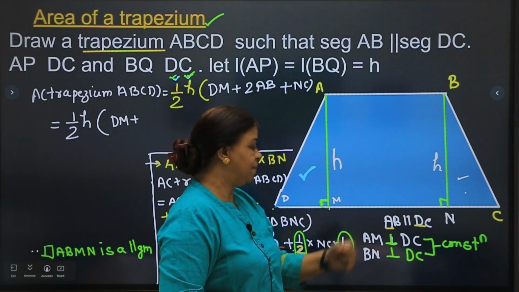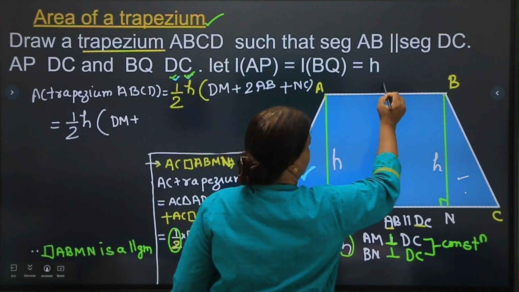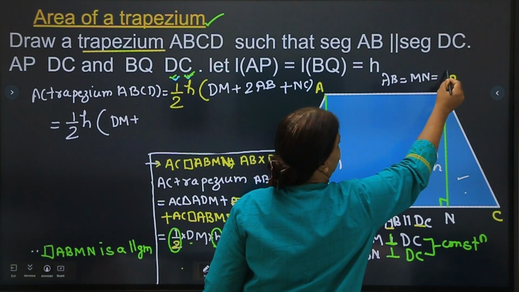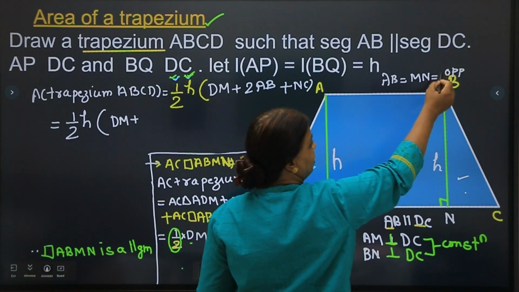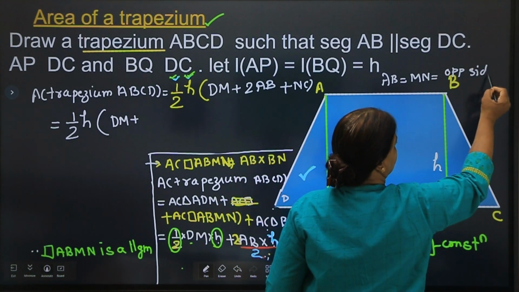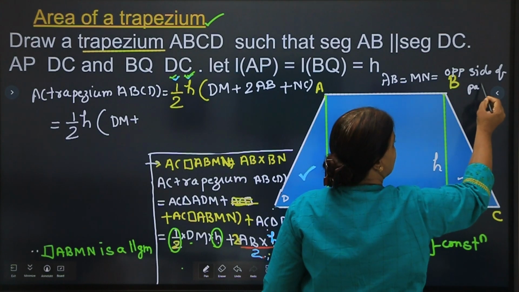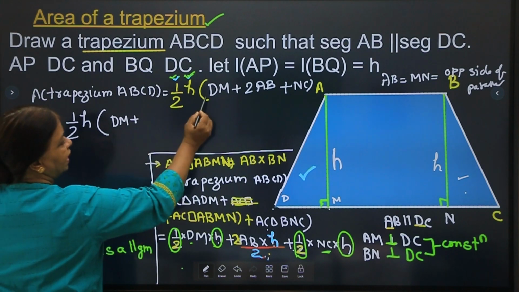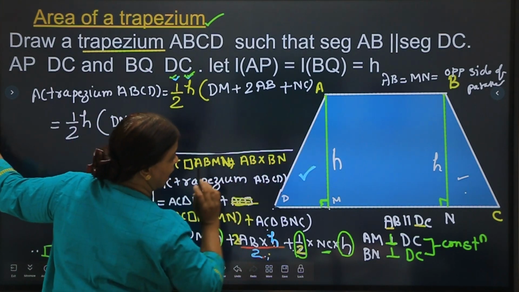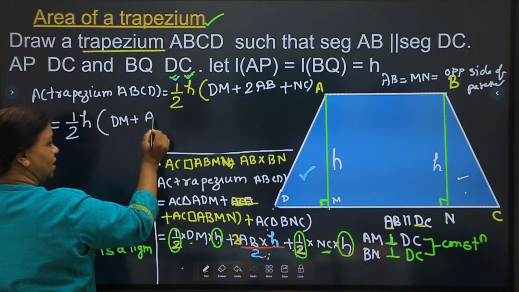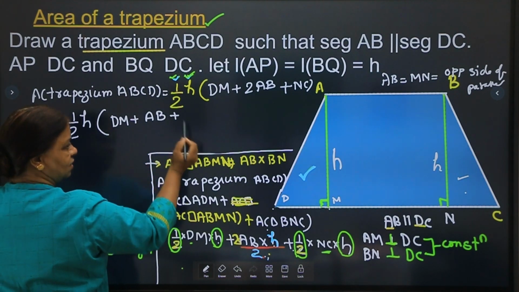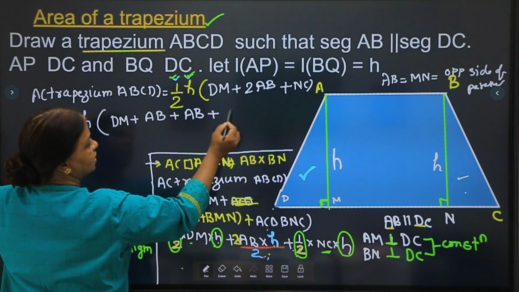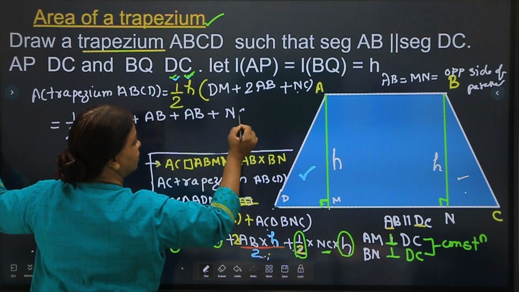Now AB is equal to MN. We have first proved that opposite sides of a parallelogram are equal. So DM plus 2 times AB. 2 times AB means I can write AB plus AB, two times, plus NC. Clear?